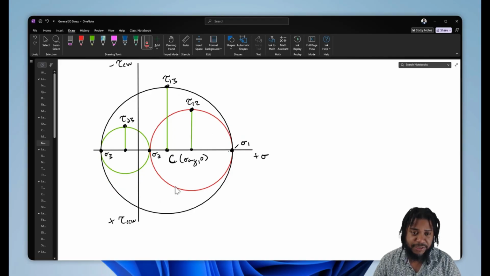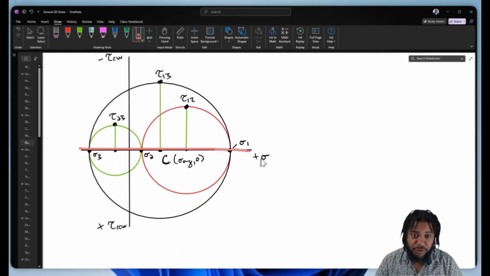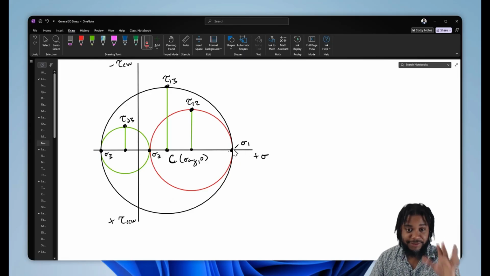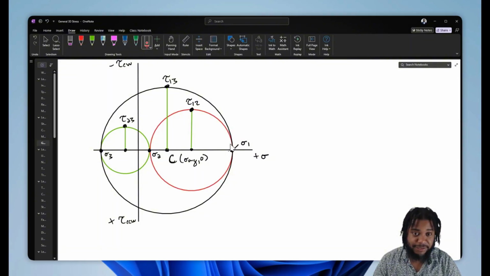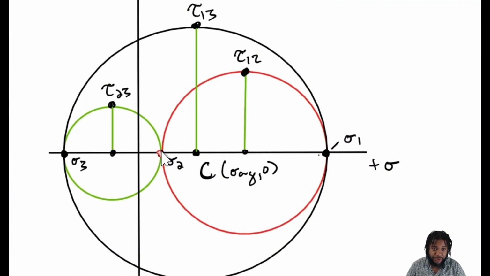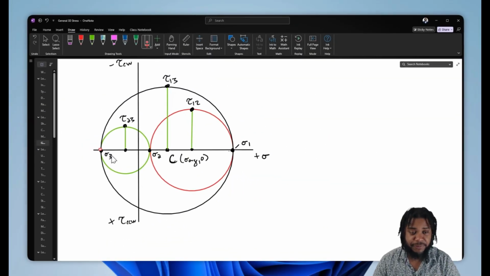Now, in these 3 sets, there's a couple of key points that we need to find. Of course, on our x-axis, which is normal stress, we will find our principal stresses, the largest principal stresses possible. For the largest value, sigma 1, second largest, sigma 2, and then the smallest is sigma 3.